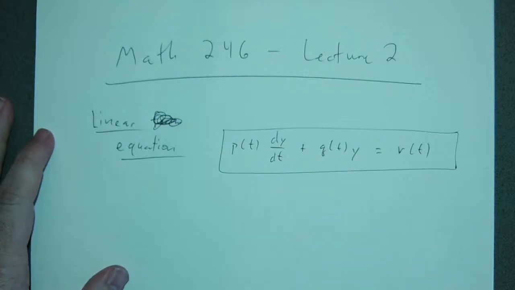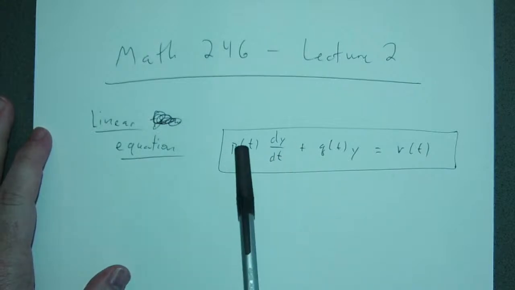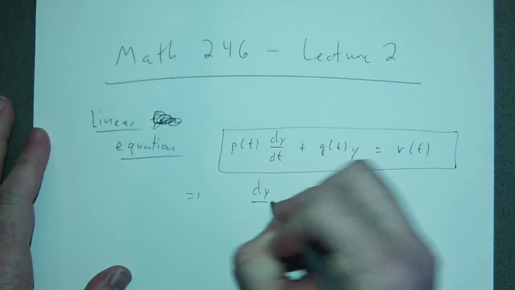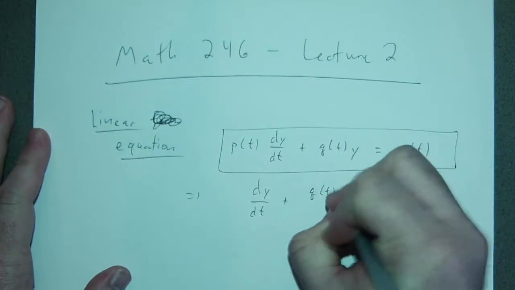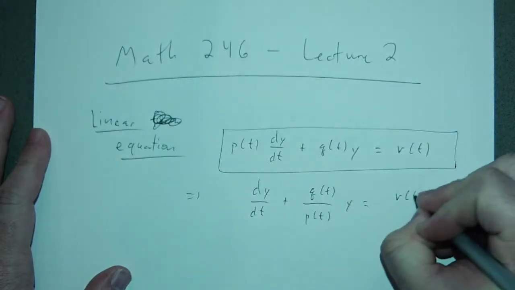Now, if I want the thing multiplying dy/dt to be 1, I can divide through by p of t and rewrite this as dy/dt plus q of t over p of t y is equal to r of t over p of t.